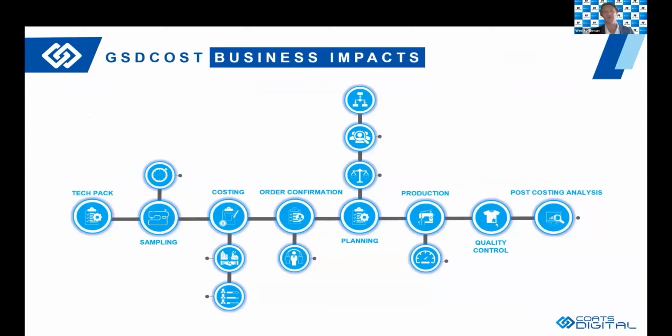So you either accept that profit erosion is going to be part of your business model, and that is a slippery slope once you get on it, or you can accept that across your organization, within production, within design and development, within sewing, within your industrial engineering, there are inefficiencies.